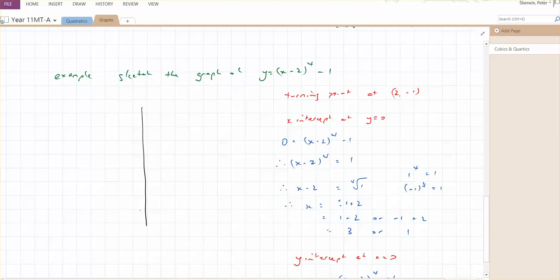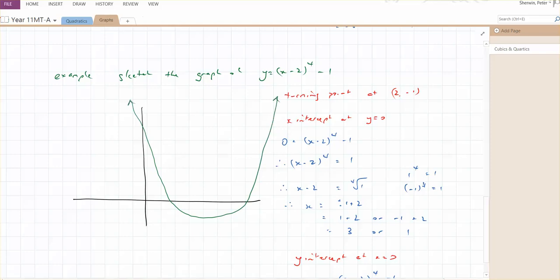So this is going to look something like this. It's going to go through 15 up here, dip through 1, fat bottom, and coming through there.